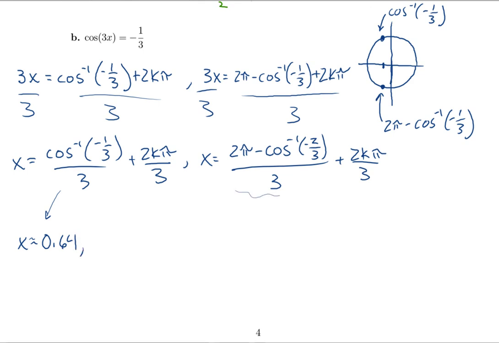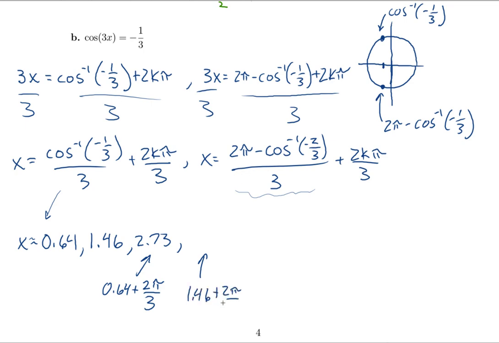I'm going to plug this in and find that it's 1.46. And then I need to start plugging in values for k. So when I plug 1 in for k, 0.64 plus 2 pi over 3, that's going to give me about 2.73. Then if I take this one, 1.46 plus 2 pi over 3, that gets me about 3.55.